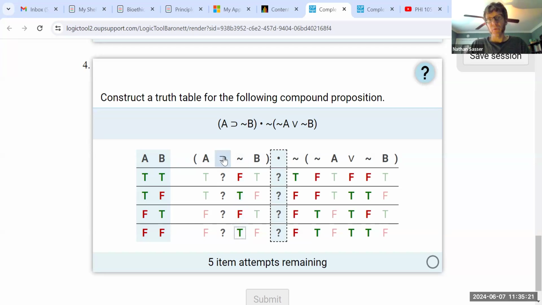Now, we can deal with the horseshoe. Okay, so we got an if true, then false. Remember, the negation is the truth value of the whole consequent. If true, then false. So that means the horseshoe is, have you reviewed your horseshoe truth values recently?